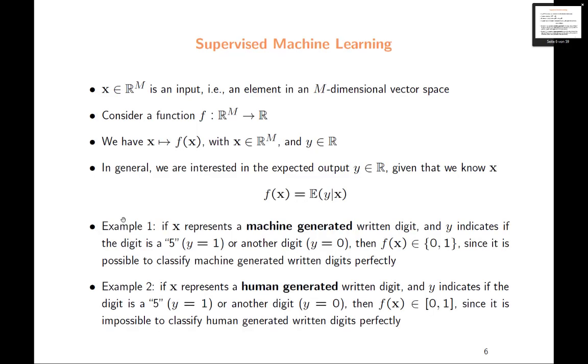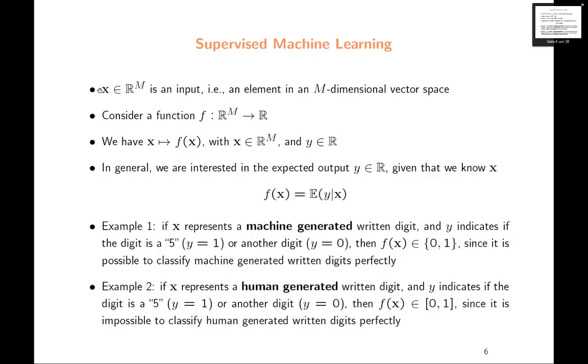So in supervised learning, just to give you a little bit of the mathematics, we start with x. x would be one of these input vectors, which is an element of the m-dimensional real space. It doesn't always have to be the complete real space, but in general it is a space of real numbers.